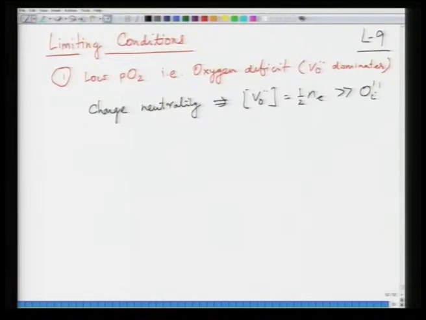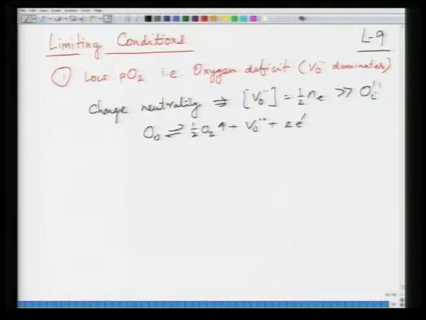So, now I can just write the reaction: OO is equal to half O2 plus VO plus 2E.